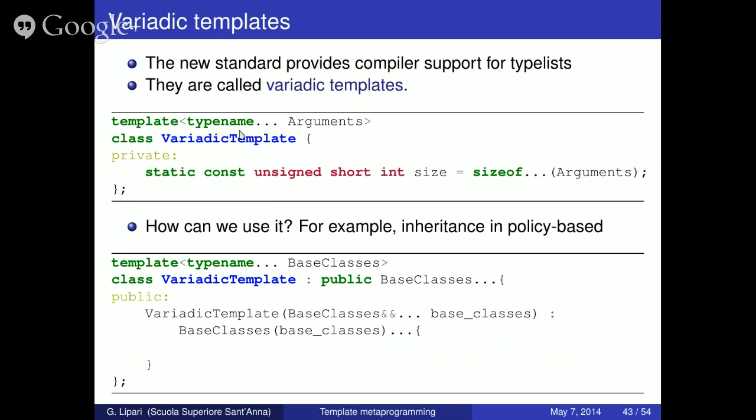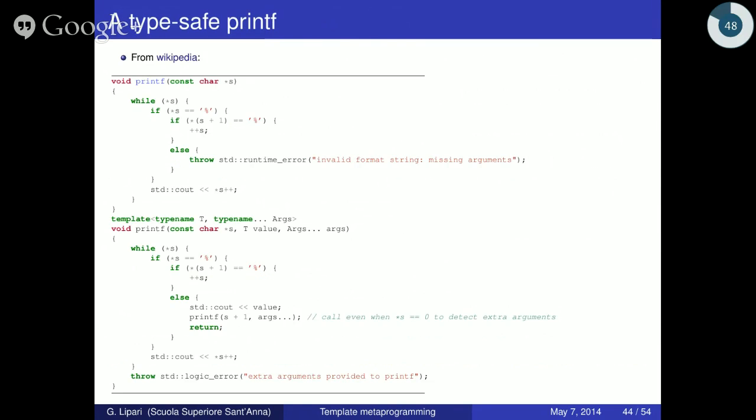The specific syntax here, typename dot dot dot, means that the number of arguments is actually variable. So I can pass a variable number of template arguments. Now, using these kind of things is not very easy, so we are going to directly see an example.